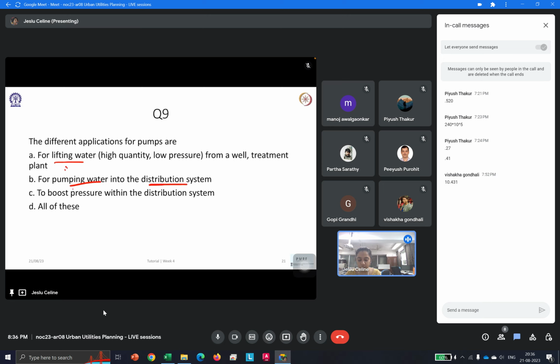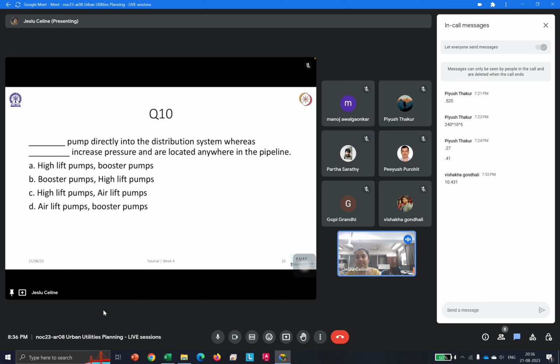If we're using it to boost the pressure, they are known as booster pumps. And if you're using it to lift, what are they called? You remember? We have high lift pumps. So these are the two pumps that we learned. High lift pumps are used to lift water, and we use booster pumps to boost the pressure in the distribution system. So the answer for this is all of these.